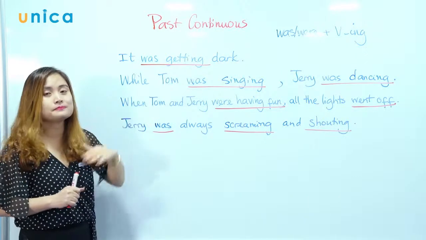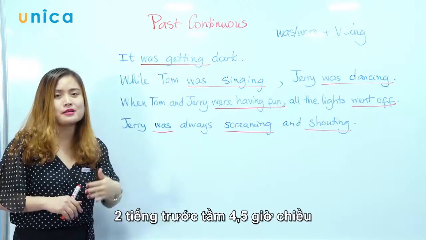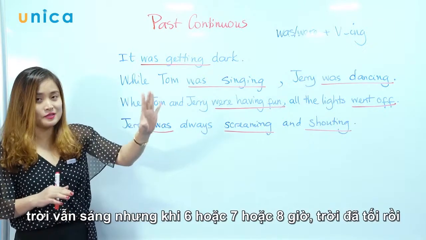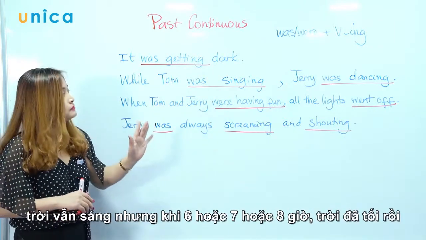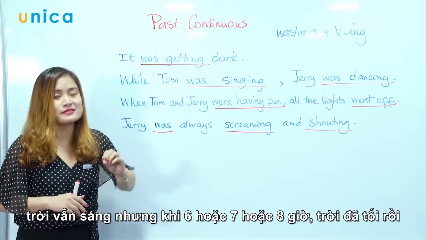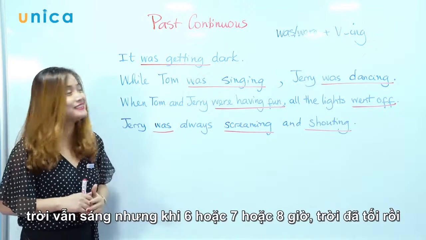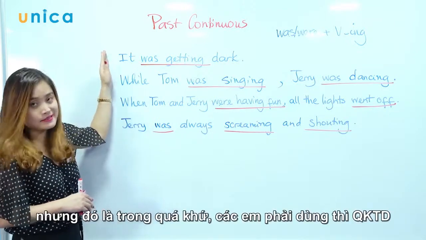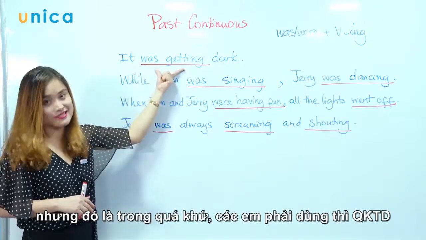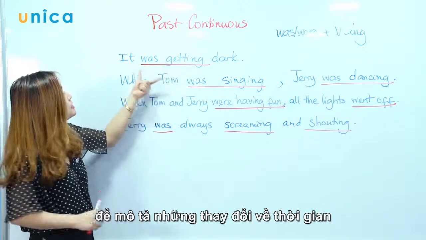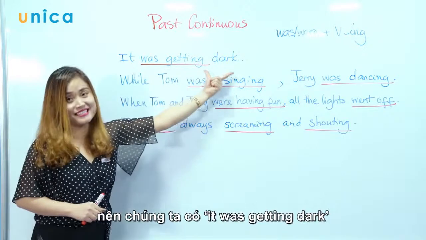Two hours ago, at 4 or 5 a.m., the sky is still bright. But when it's 6 or 7 or 8, it's getting dark, right? But now it is the past. So you have to use the past continuous to describe the changing time, the situation. So we have, it was getting dark.